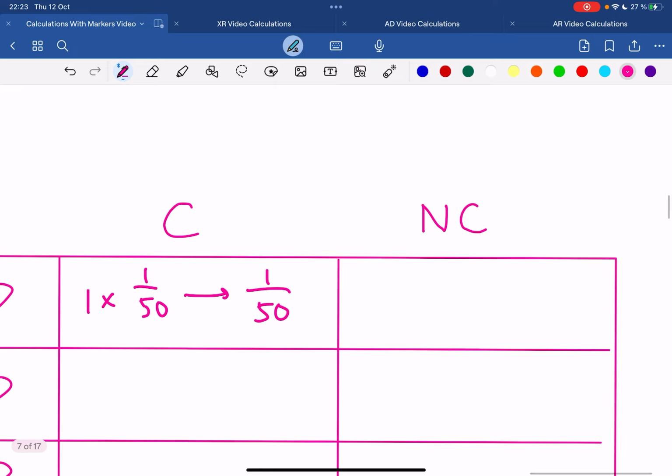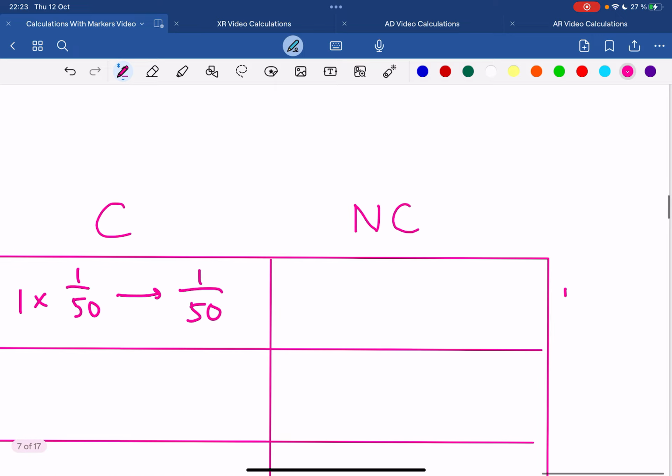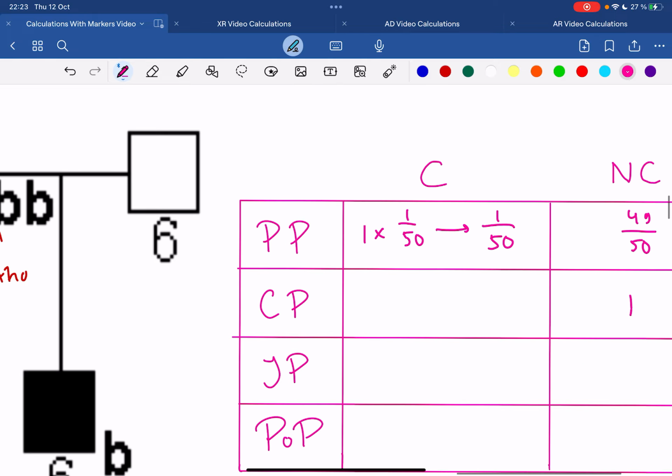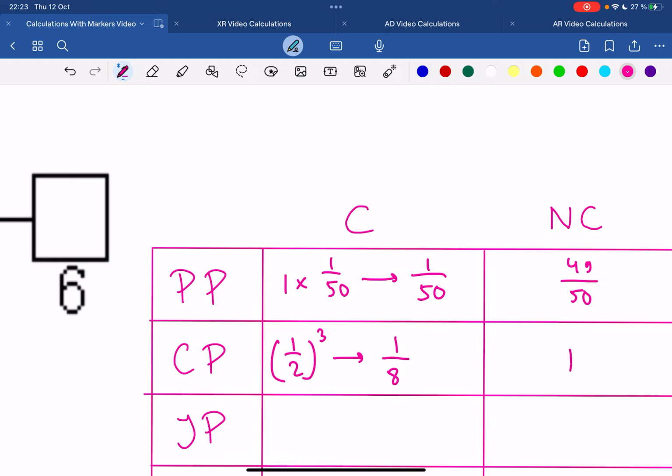While non-conditional, it's just 1 minus 1 out of 50, which is 49 over 50. Here would be 1. For the conditional probability, we take 1/2 to the power of healthy sons. And this girl right here has 1, 2, 3 healthy sons. So 1/2 to the 3, that is equal to 1 over 8.